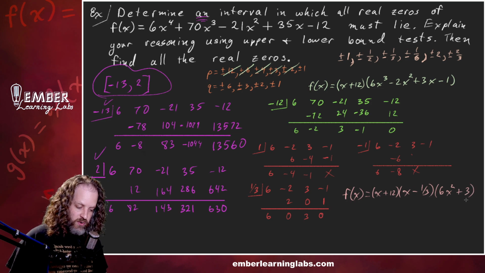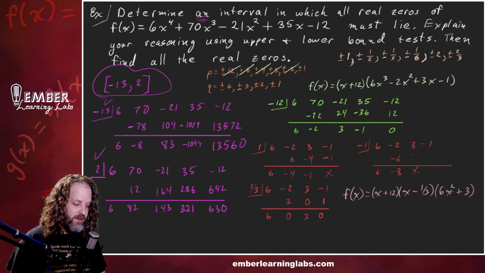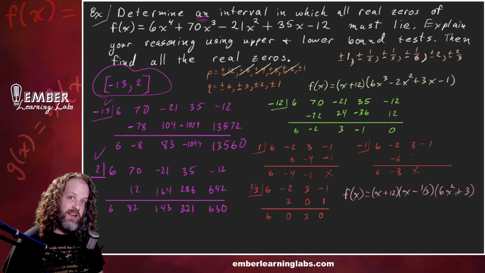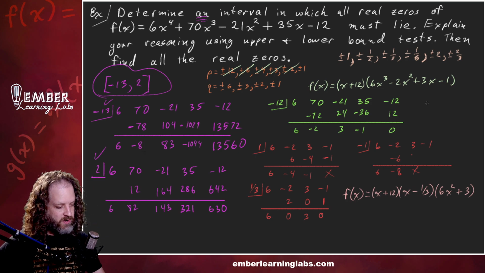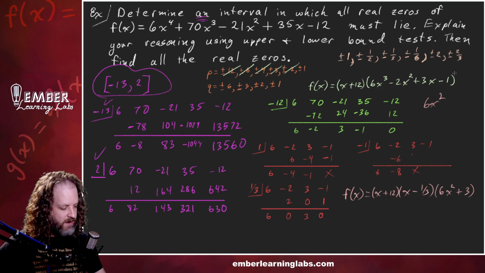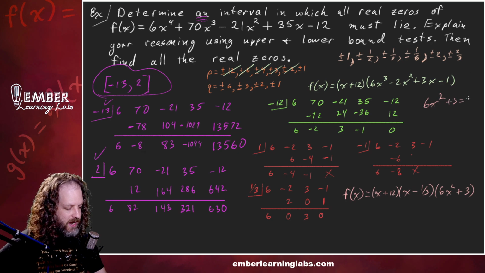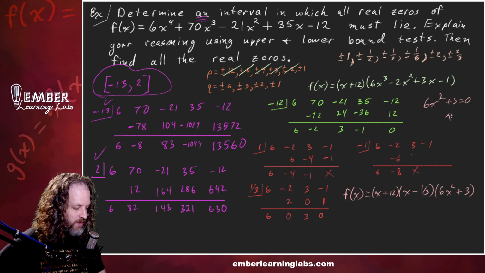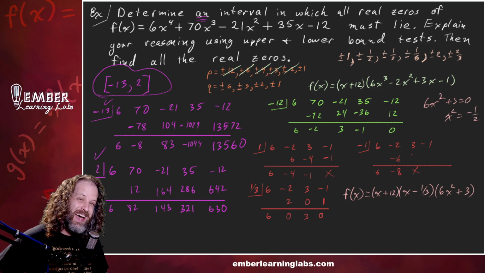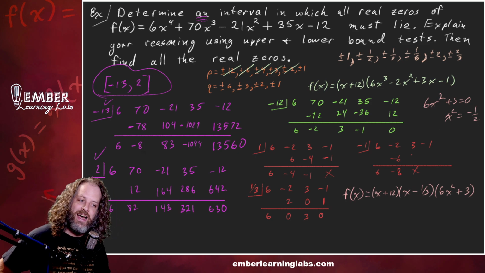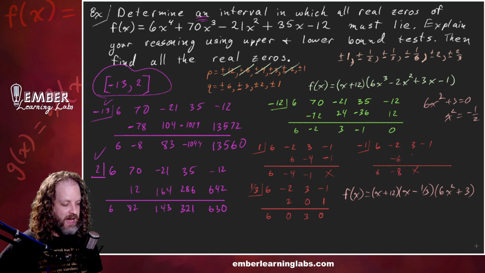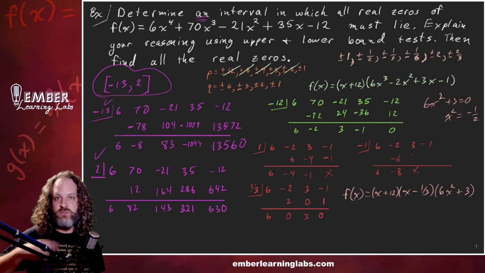Now, you might notice that if we were to solve this, we would get an imaginary number. Because we do 6x squared plus 3 equals 0. We'd subtract 3 from both sides, and we'd ultimately end up with x squared equals negative 1/2, and then square root that, and we get plus or minus i times the square root of 1/2, or the square root of 2 over 2.